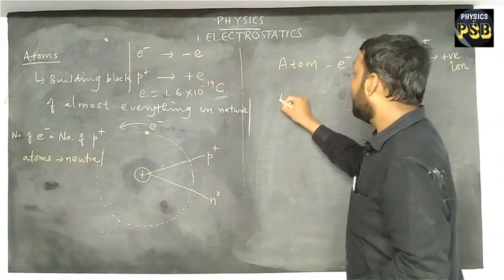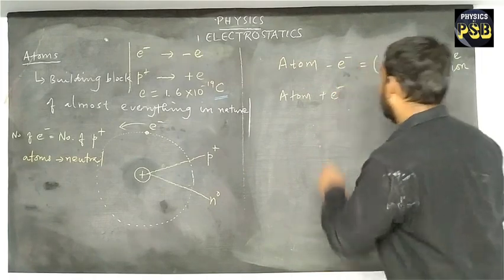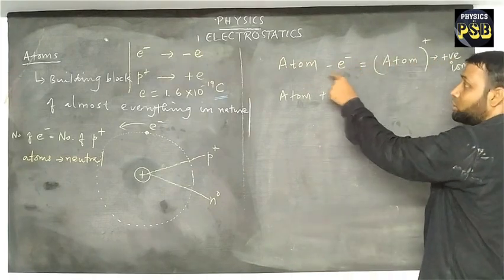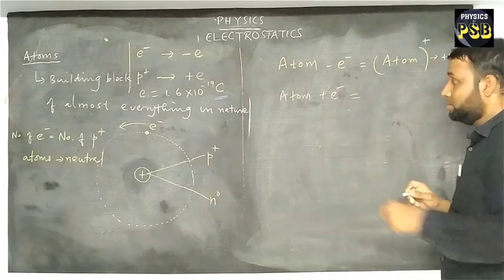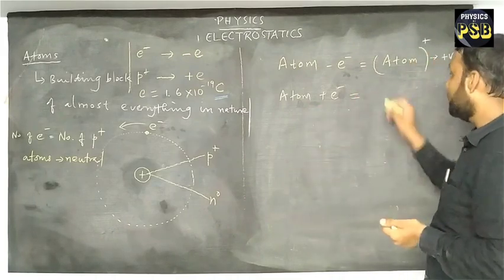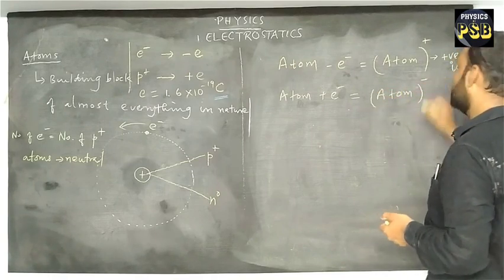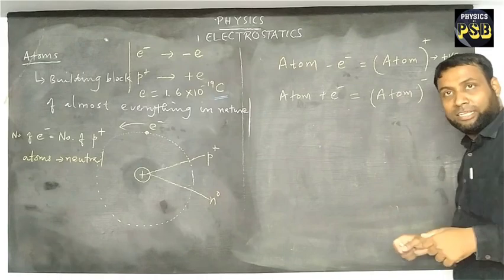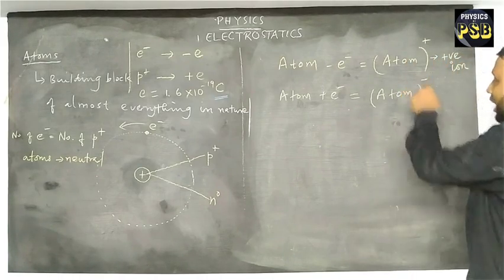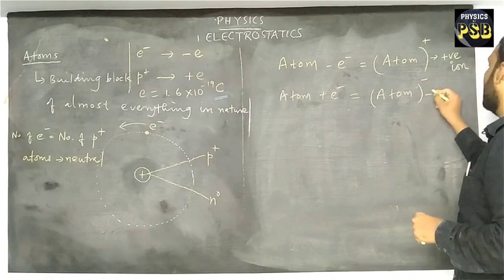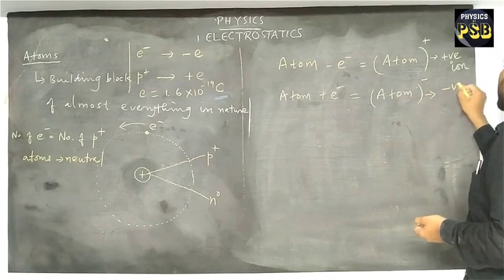Next case, when an atom gains the electron lost by the first atom. After gaining electron, the atom becomes negatively charged due to increase in the negative charge. One such atom with negative charge is referred to as a negative ion.